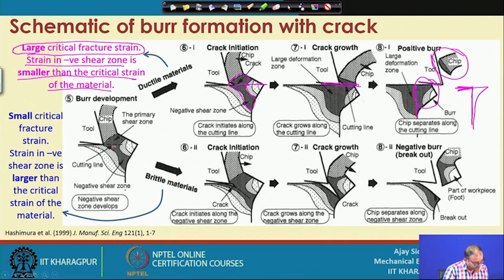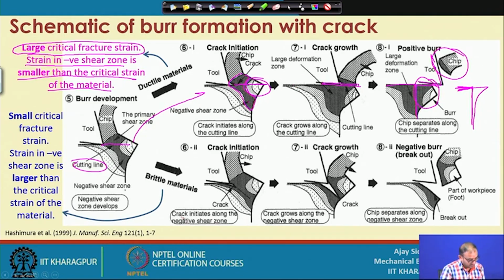If you follow this particular cutting line, in the ductile material your material is removed through the cutting line. But here we have a critical fracture. Now, if you say this is the material which is not completely sheared, still your tool is moving in that direction.